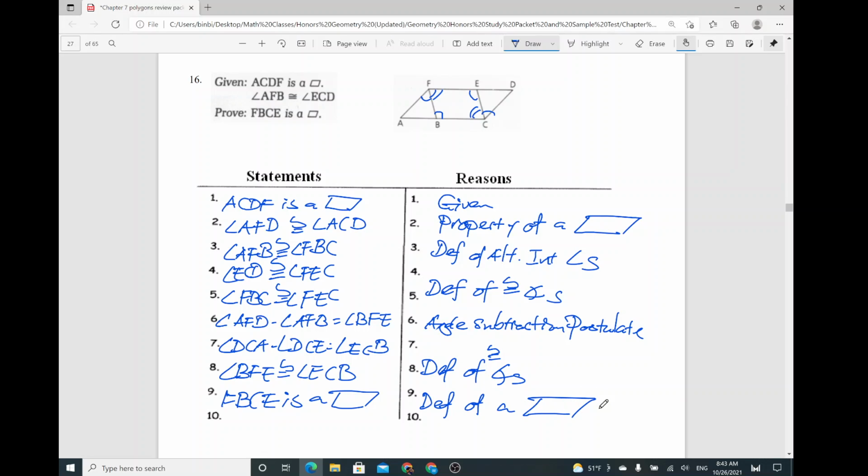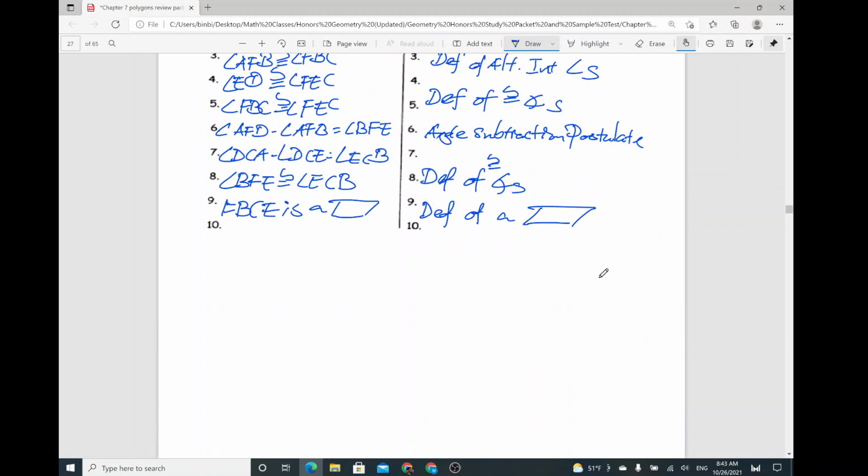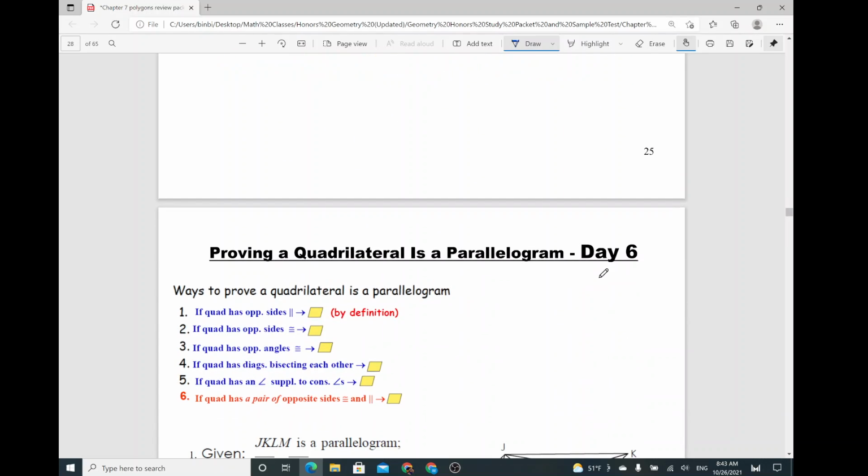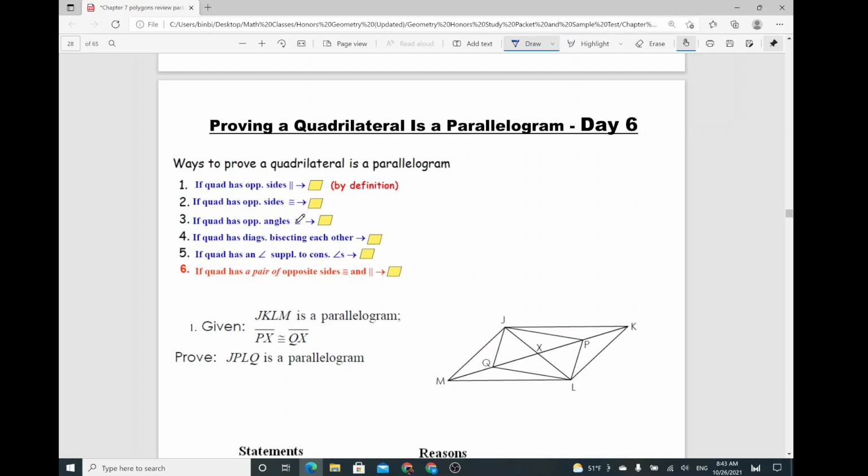It's one of those properties. Okay? So now let's see what else we have for this. Again, this one is just like what we were doing. Anytime that we find the conditions or the diagrams which can satisfy one of the conditions here, that means the quadrilateral is a parallelogram.